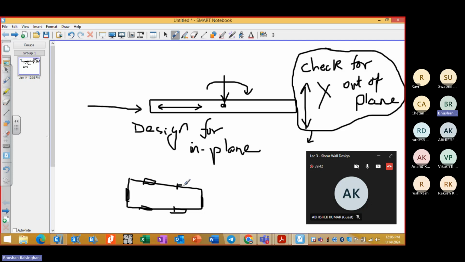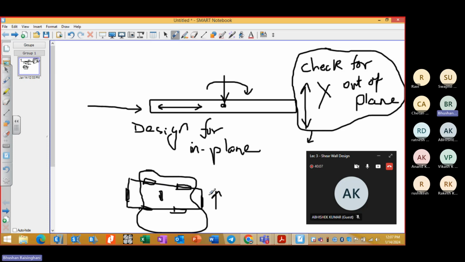If the orientation of shear wall is very less in this particular direction, then the force may redistribute to the walls in between, that is out of plane. If in this direction the amount of shear wall or the resistance of the shear wall is more, then lesser force will get distributed to these walls and the columns.